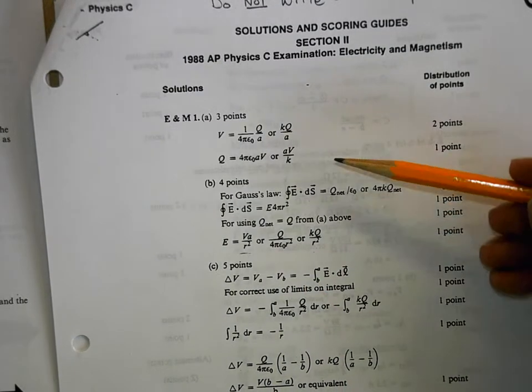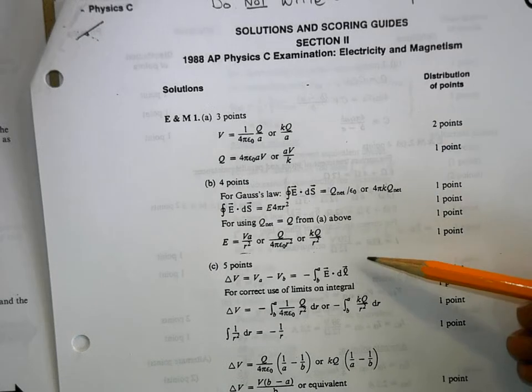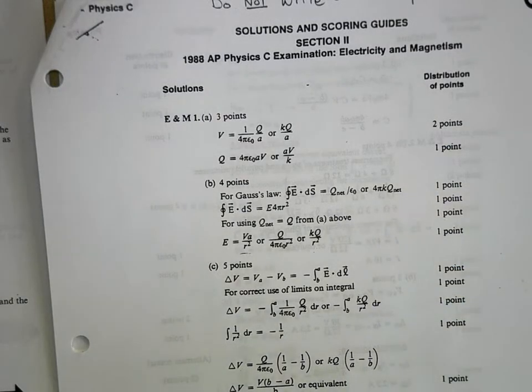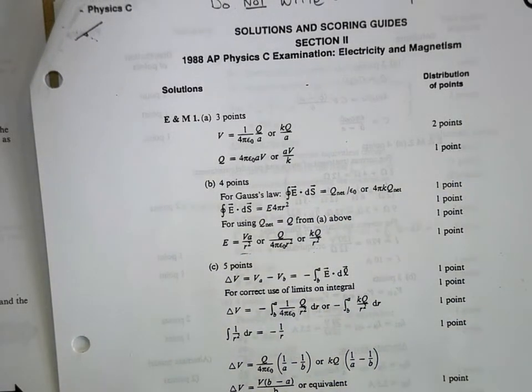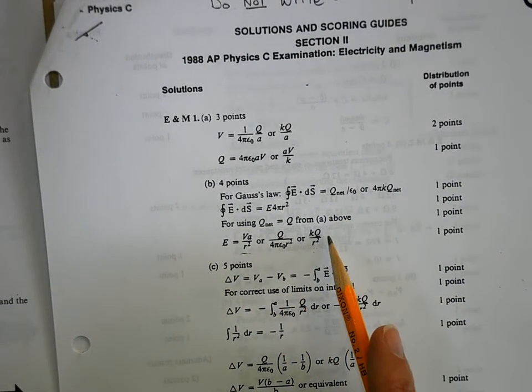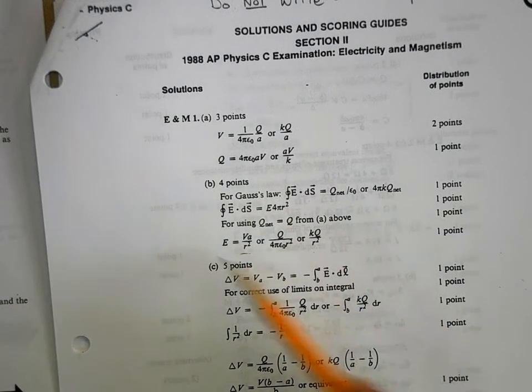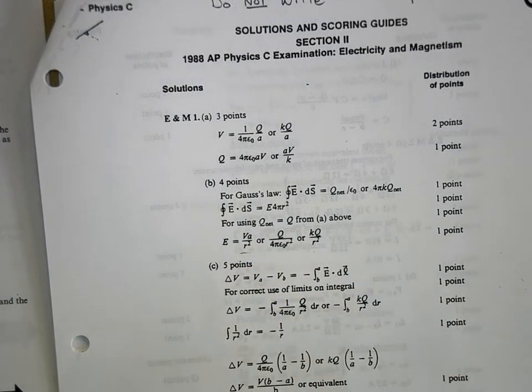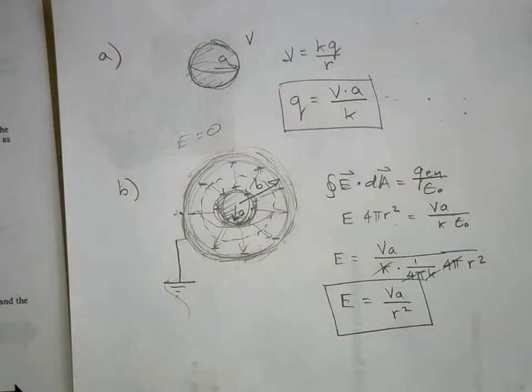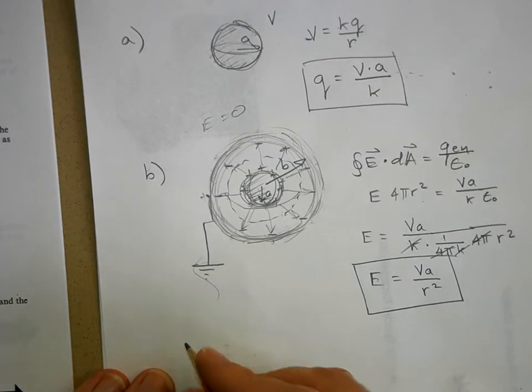Because if you made a mistake in part A, they don't want it to carry on into part B. So if you did part B right, even if you did part A wrong, you can still get all 4 points. Did you notice that? So when you're grading your practice test, make sure that you read this carefully and you want to be fair to yourself. They are extremely fair on this.